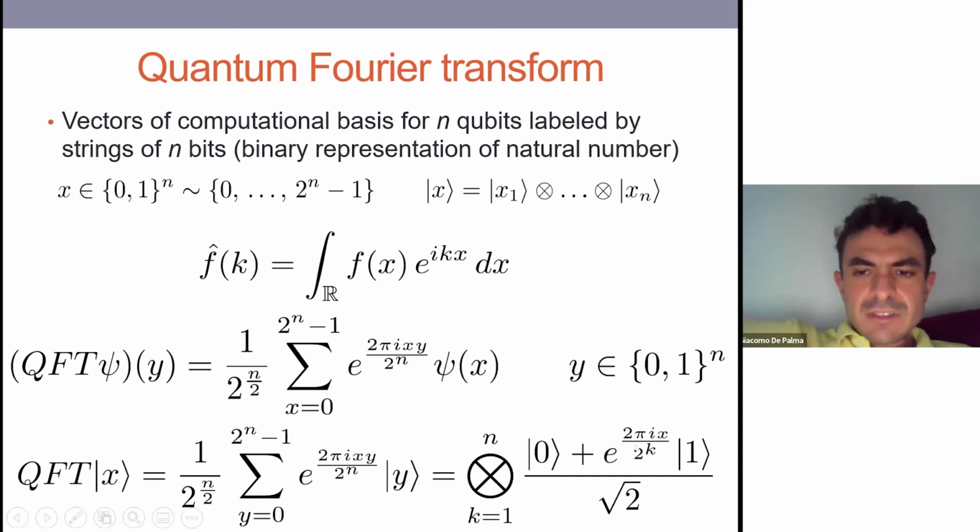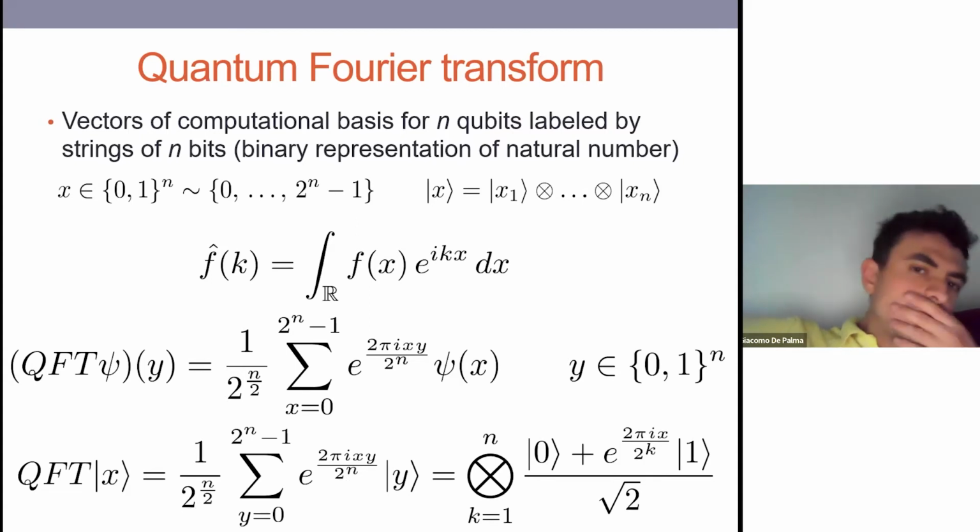And of course, if the kth digit of y is 1, this will bring you a phase of e to the 2 pi i x over 2 to the k, which agrees with what you have on the left-hand side.